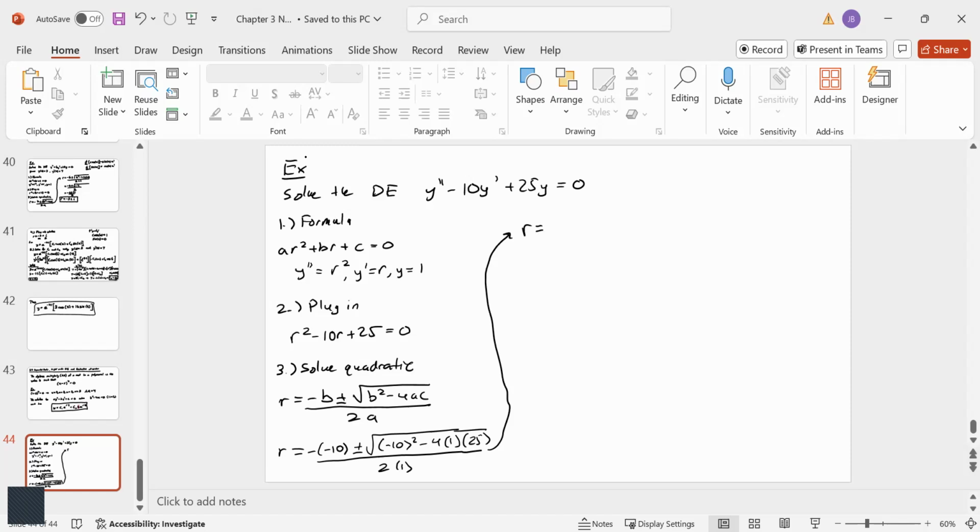What you end up getting is 100 minus 100 all over 2. And so then you get r equals 10 plus or minus 0 over 2, and then r equals 5.